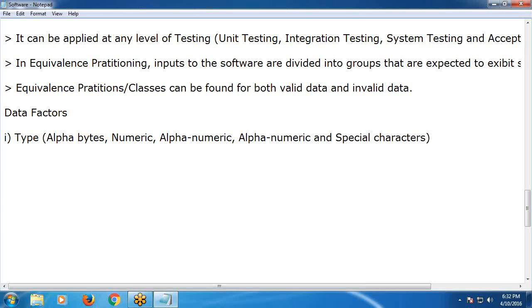That is the type of the data. Next, the user ID field accepts 10 to 20 characters long alphanumeric values; alphanumeric is the type of the data.